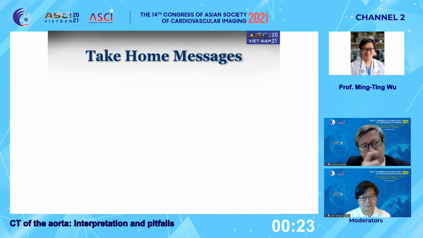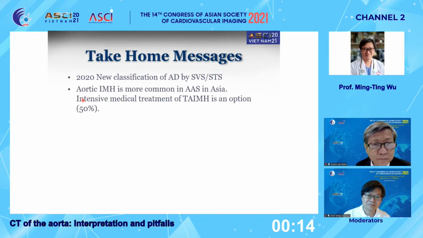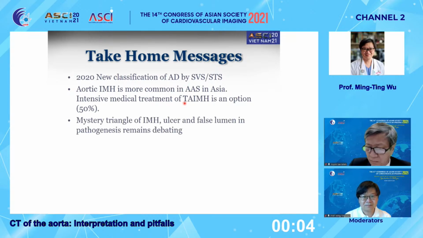So the take-home message is, first, in 2020, there's a new classification of aortic dissection by surgeons. RT-IMH is more common in Asia. Intense medical treatment is an option for type A IMH. The mystery triangle of IMH, ulcer, and the fourth lumen in pathogenesis remains debated.